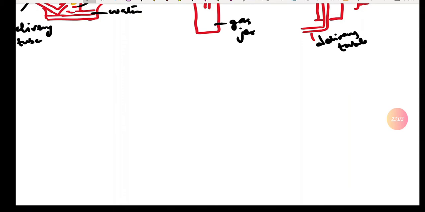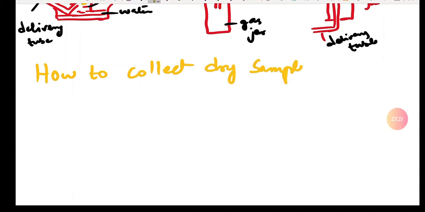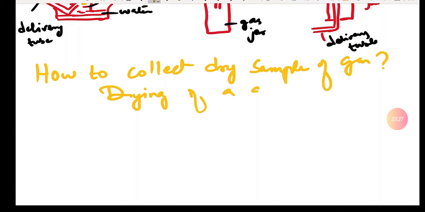Now, how to collect a dry sample of a gas, or drying of a gas.